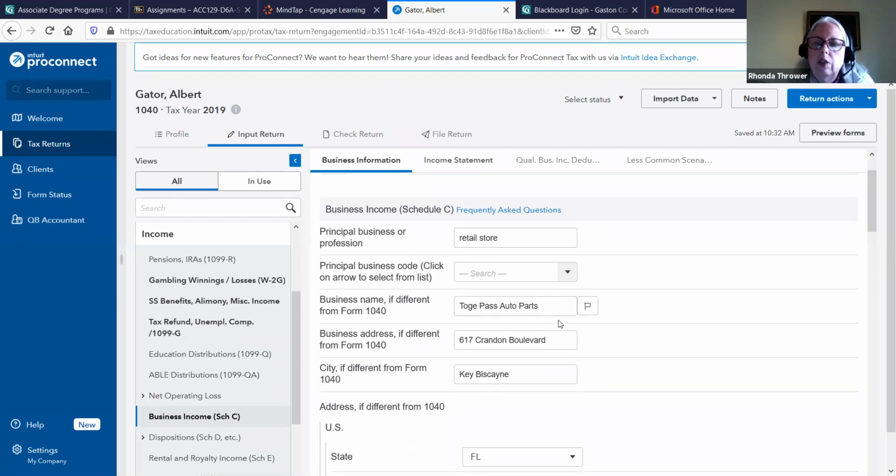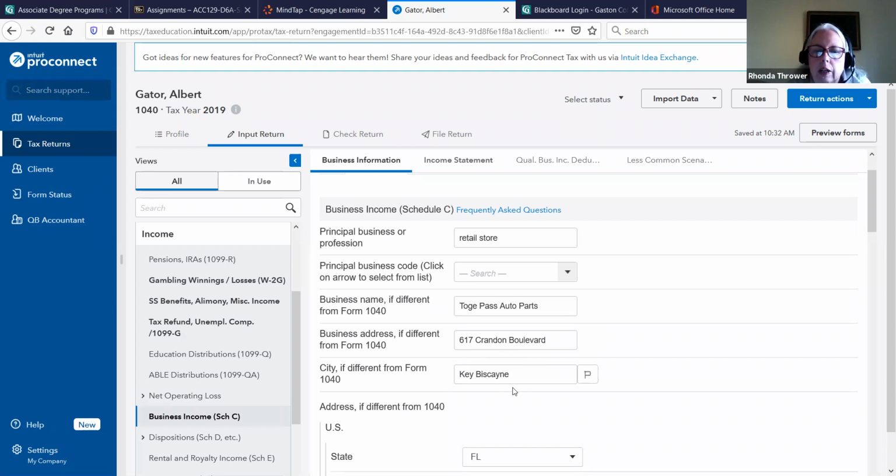In fact, I've done this problem ahead of time, so I'm just going to be pointing to places where you need to enter information. Your business address, if it's different from the 1040, which it was, I'm going to add in the business address.